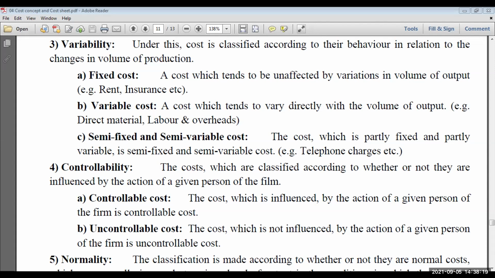If volume of production increases and the cost also increases, then that cost is called variable cost. Simple example: to produce one notebook, I buy paper by spending 5 rupees. Listen very carefully. 5 rupees I am spending to buy paper to make one notebook.